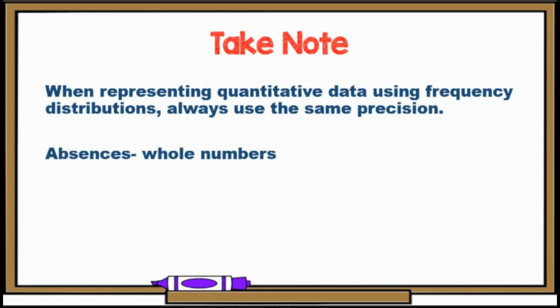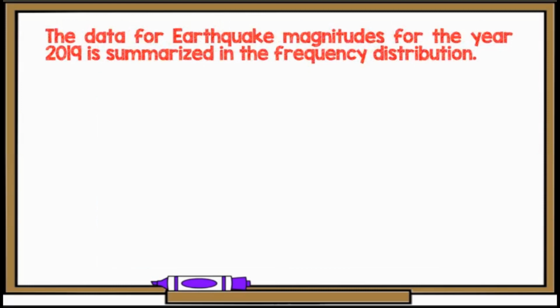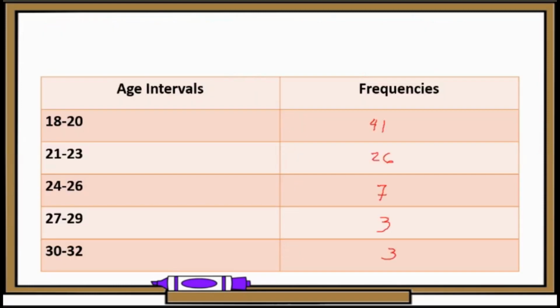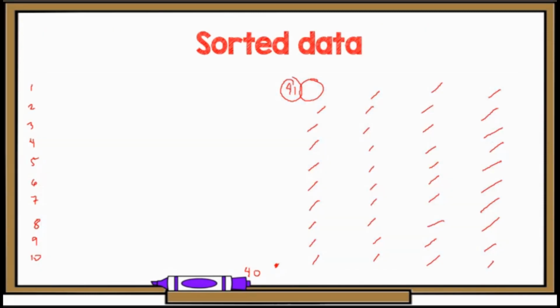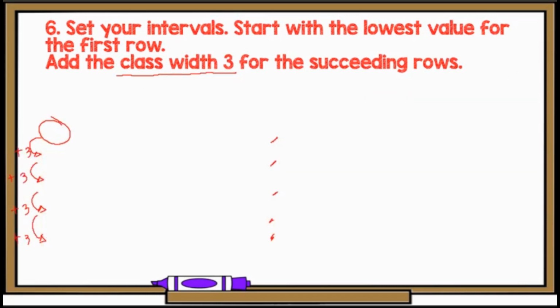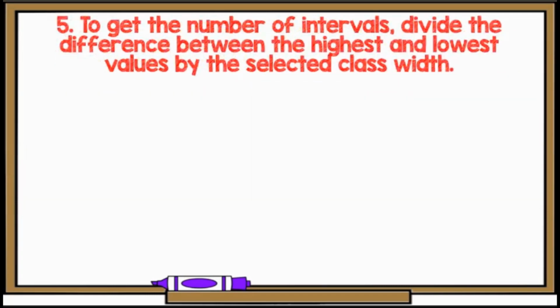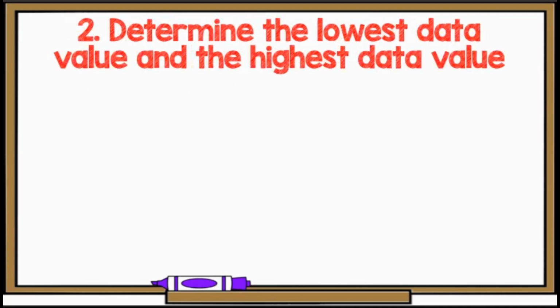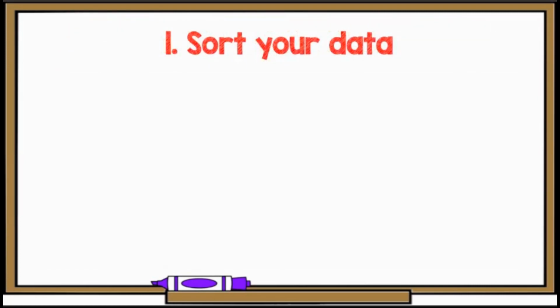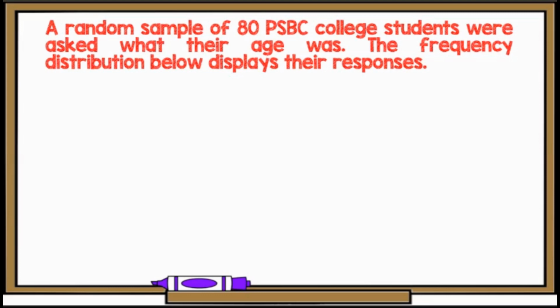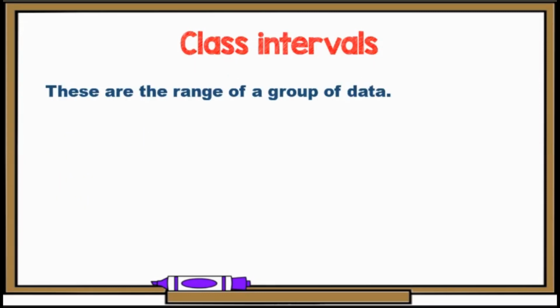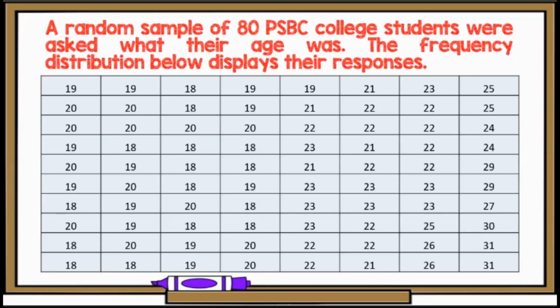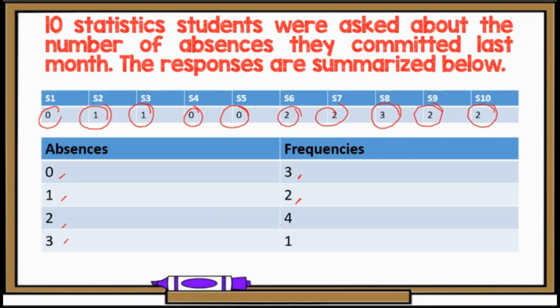Katulad nung unang example natin, absences. Kung nag-start ka with one class, balikan natin ha. Dapat same precision daw. Okay, ito absences.